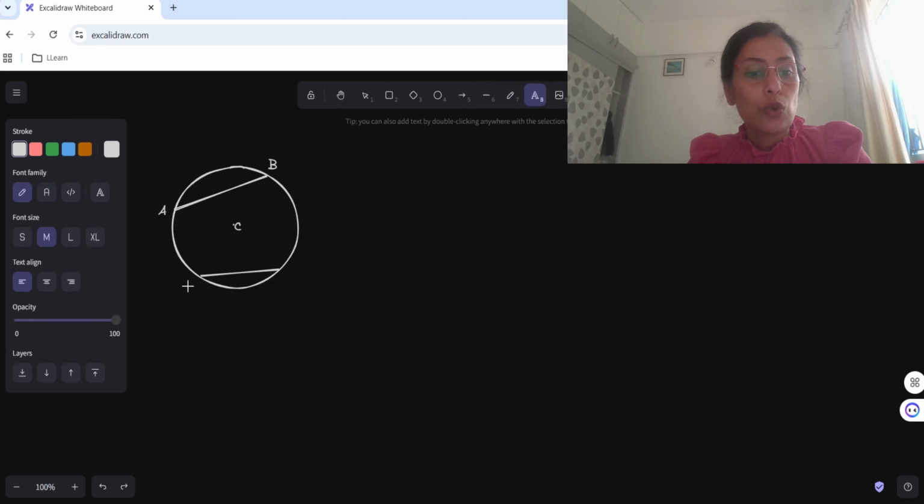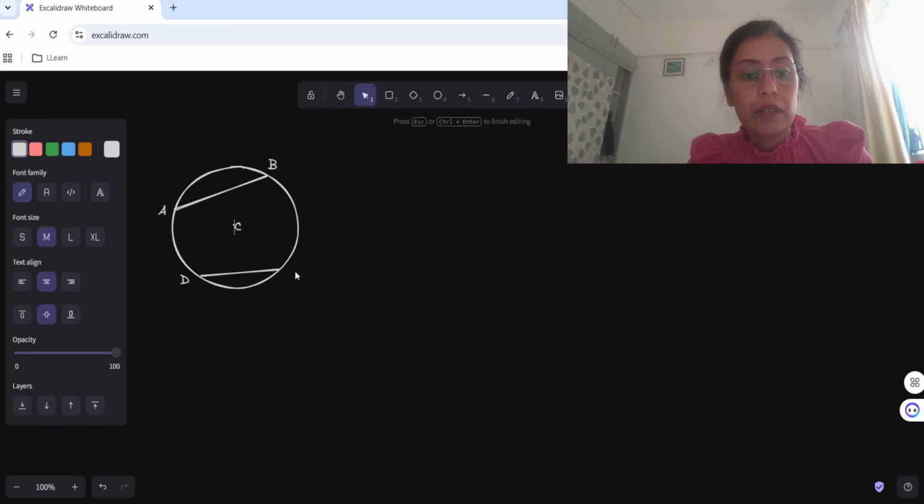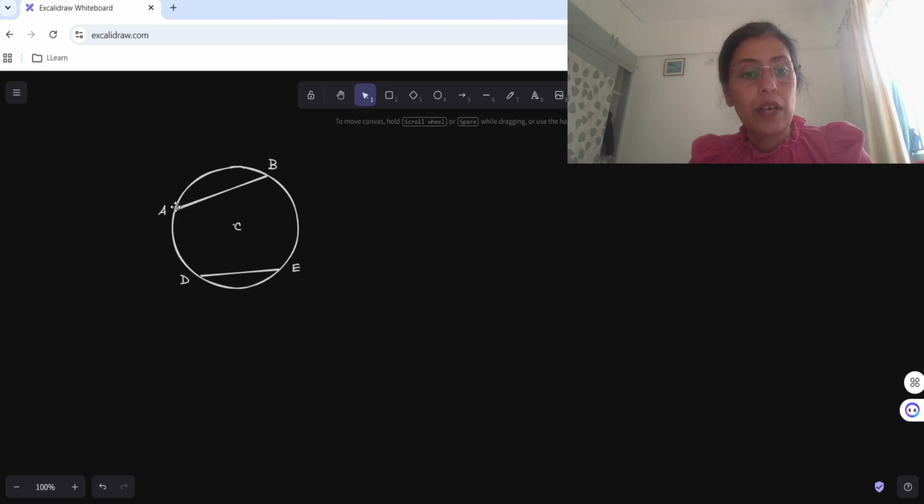Okay, so let me call it C. C we have already taken, so this will be D, and let me call the other end E. Okay, so we have this DE. AB is a chord, DE is a chord. The length of DE is less than the length of AB. DE is shorter in length than AB.